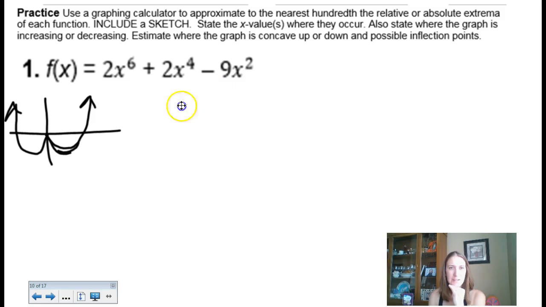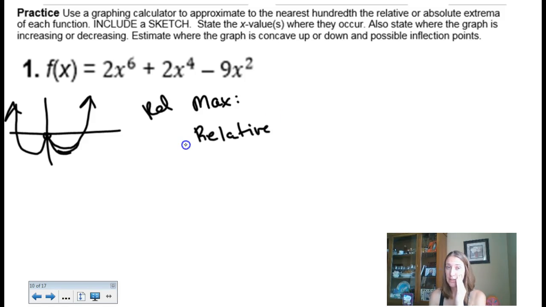So I noticed on this graph there is a relative max right here. And then there is a relative min. There's two of them. Actually, you know what? Take that back. That is an absolute minimum. Turns out that they're going to be the same y value.